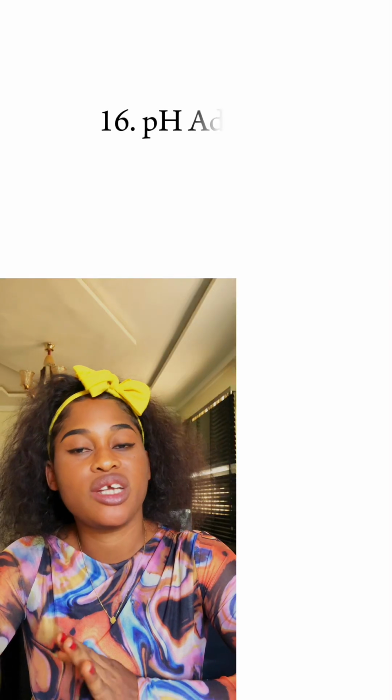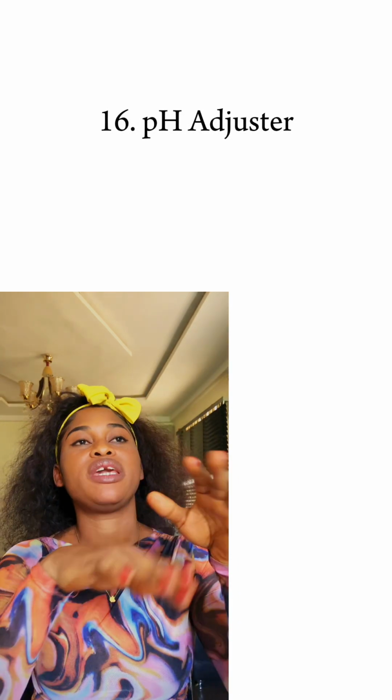So let's go to number 16, which is the last one. Number 16 on my list is pH adjuster. So after making all your products, the last stage to conduct on your product is testing the pH.